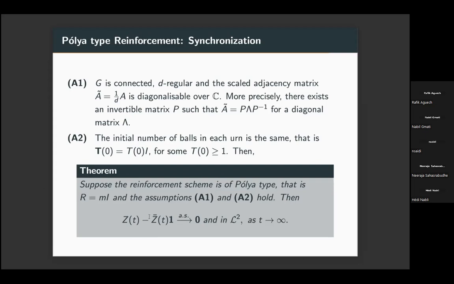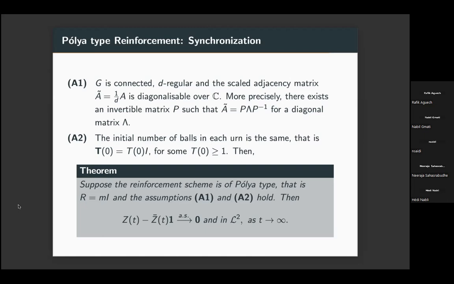Z bar T is not a vector. It's the average of the fractions. Okay, so we could show that there is a synchronization in the Polya type reinforcement as well, which means, by synchronization, I mean that in each urn, the fraction of white balls converges to the same random limit almost surely.